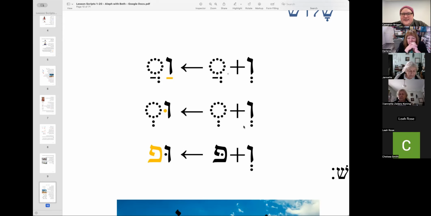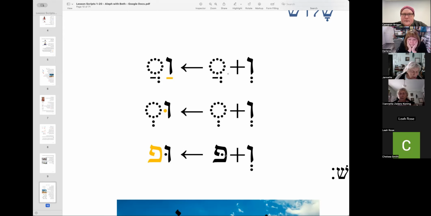In this second example, we have the regular "and" conjunction, and when it's conjoined with a word that starts with a shva, the vav will actually change its sound to an oo. Instead of ve, it'll be oo.